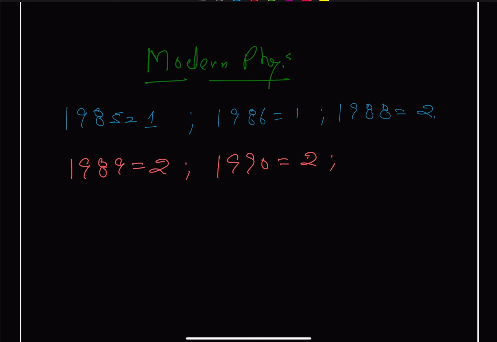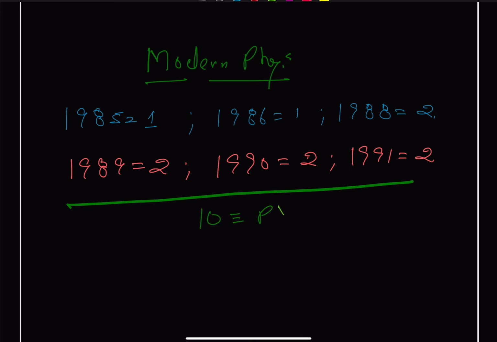Two questions, and from the year 1991 also we have two questions. So in totality we are going to solve 10 questions from all these respective years for the subject chapter modern physics.